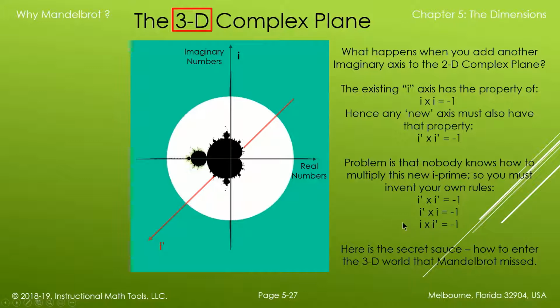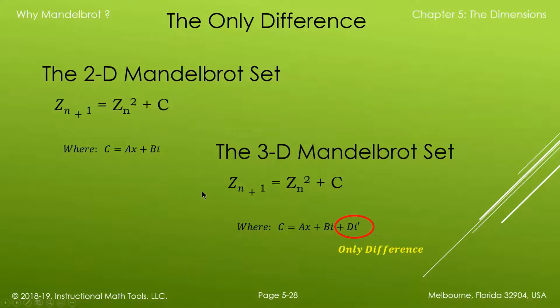Once I taught the computer program these new rules, there was only one change that had to be made. The recursive formula remained absolutely the same. The only thing that changed was the definition of C. It was expanded from AX plus BI to AX plus BI plus DI prime.